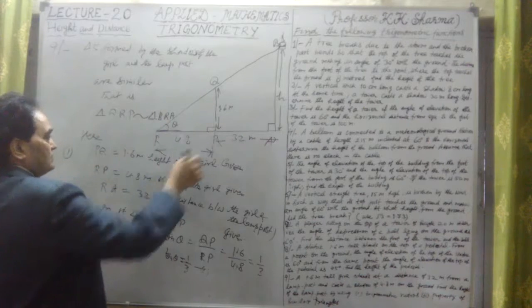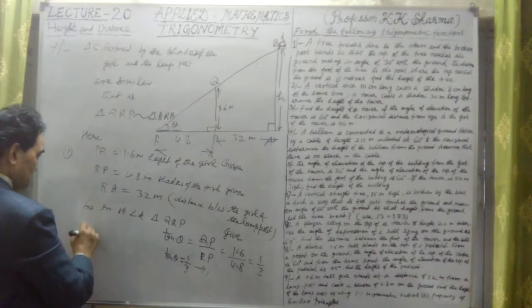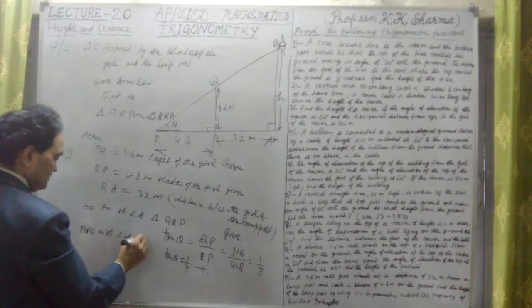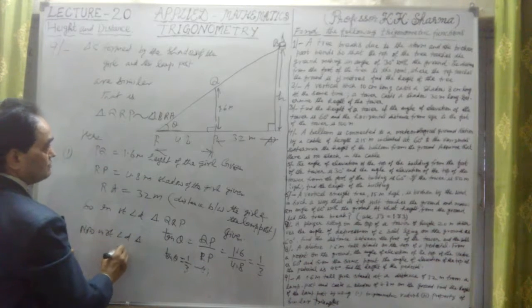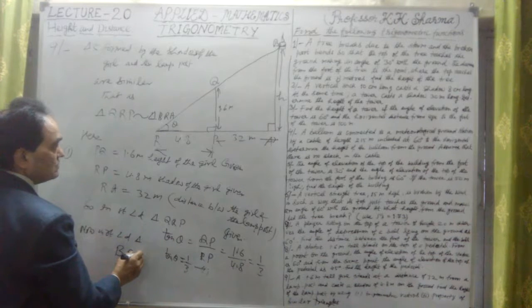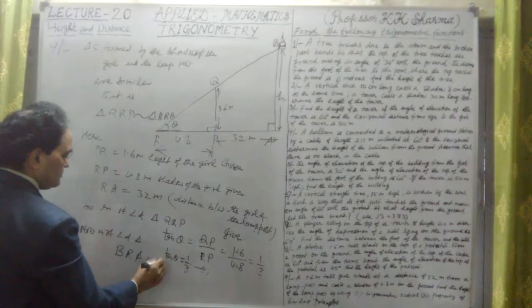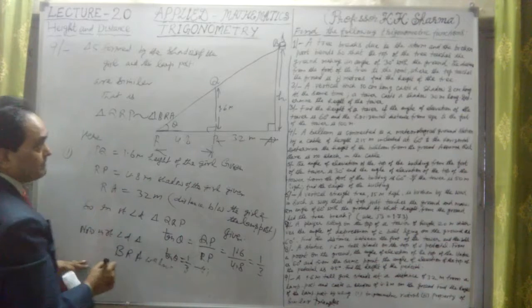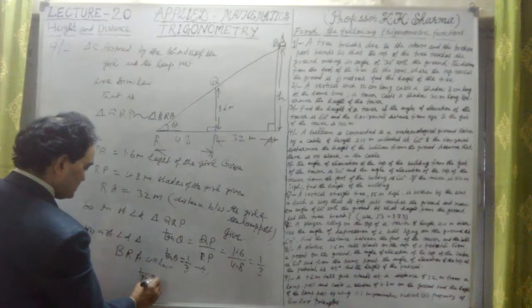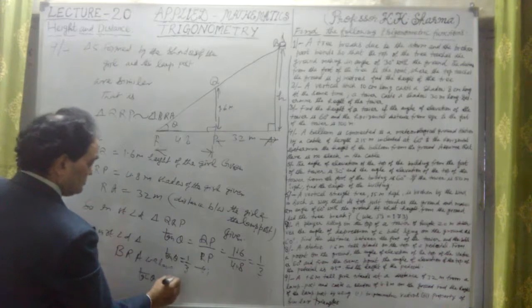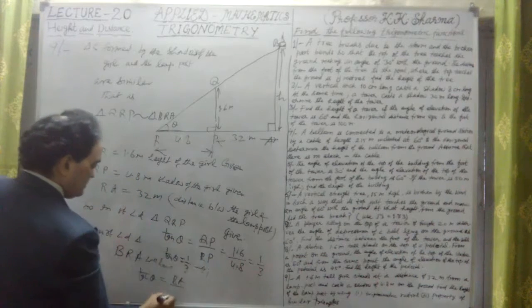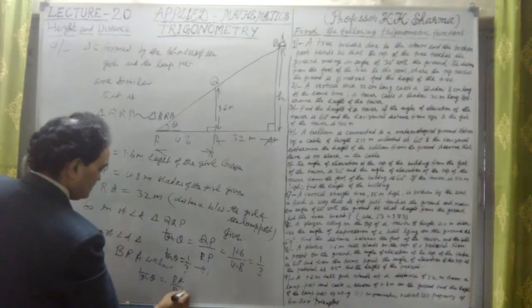Now in the right angle triangle BRA, we get tan theta equal to BA or AB upon RA, the total length RA.